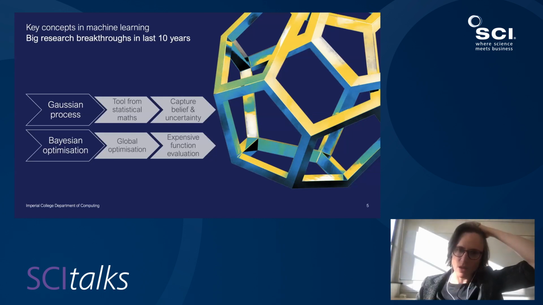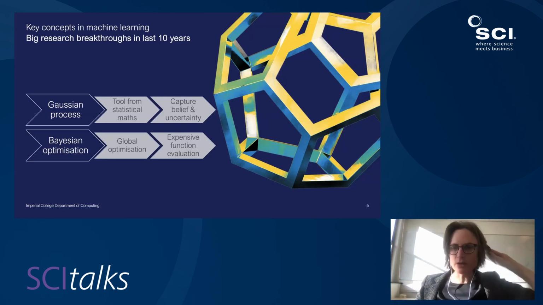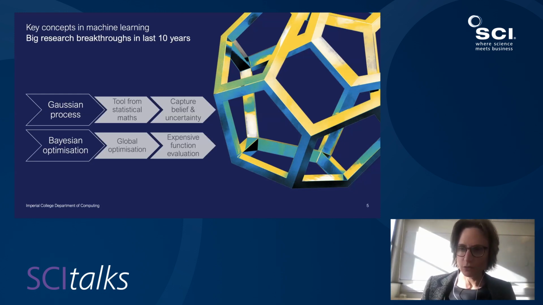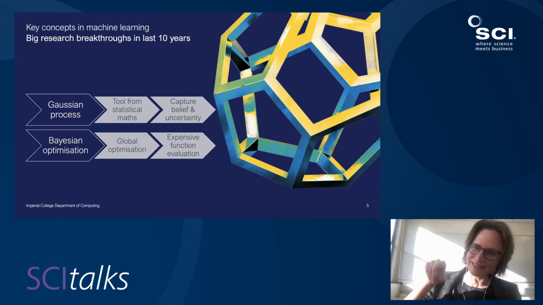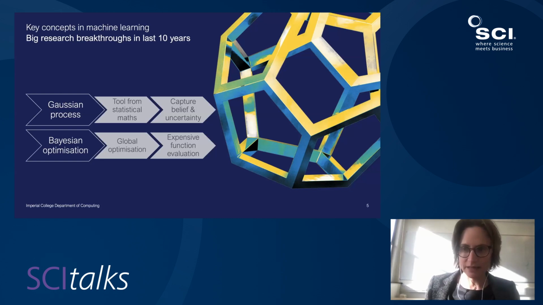What I really like about Gaussian processes is that they don't just give me my belief, they also give me some understanding of my uncertainty surrounding my belief. And this can be really useful in a design of experiments context because I don't just have the regions of the search space where I think it's going to be useful to query. I also have the regions of the search space that I don't really understand much.